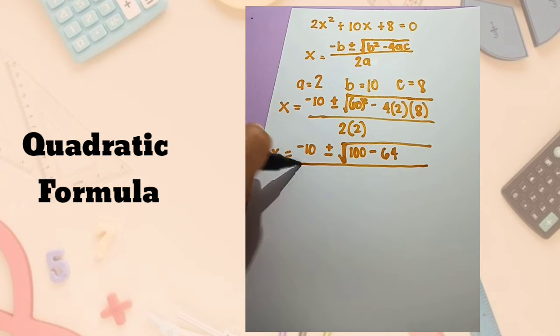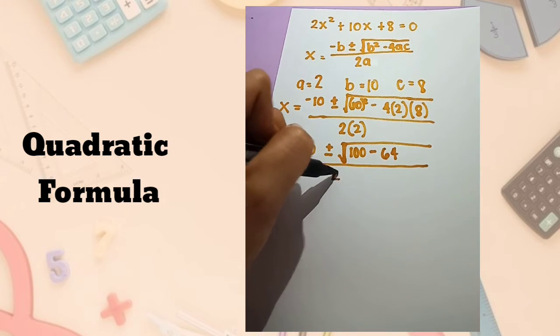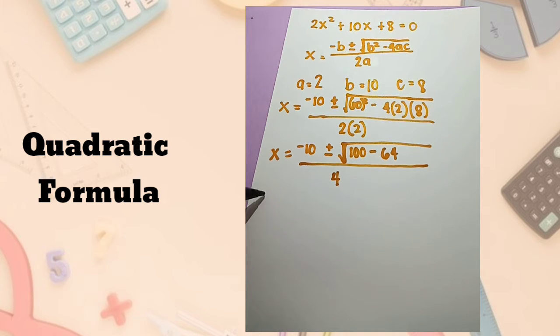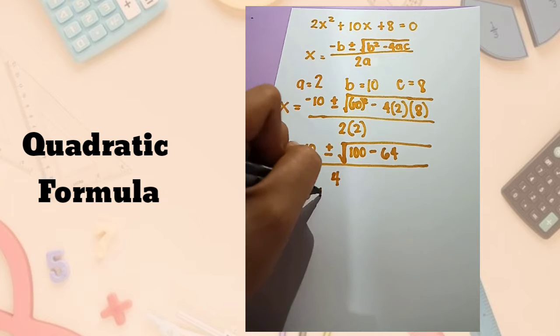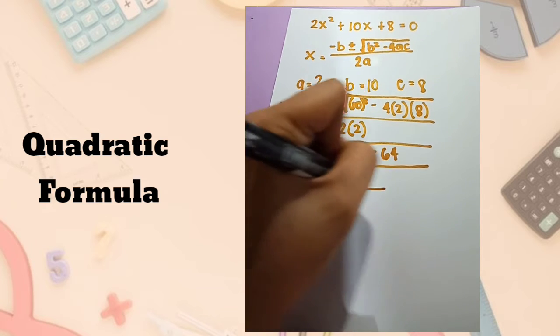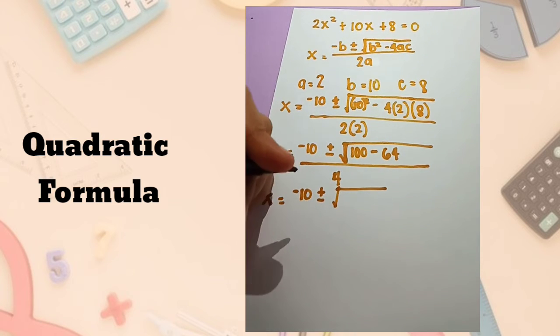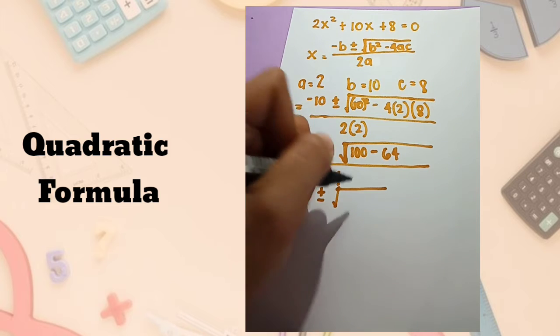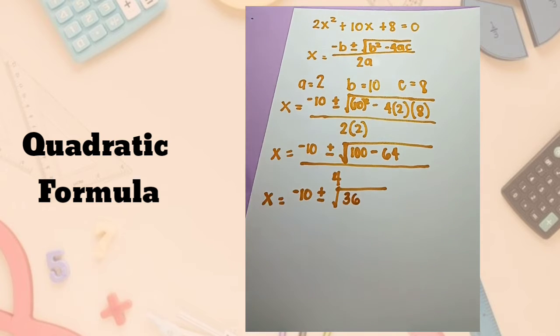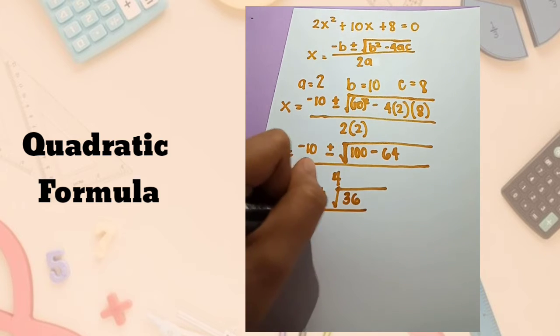Then, all over 2 times 2 ay equals to 4. Okay, so x is equal to negative 10 plus minus square root of 100 minus 64 ay equals to positive 36 all over 4.